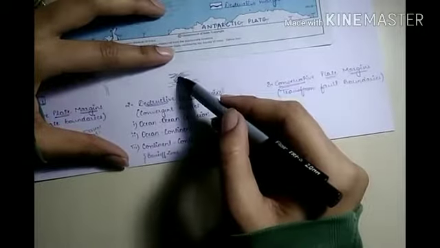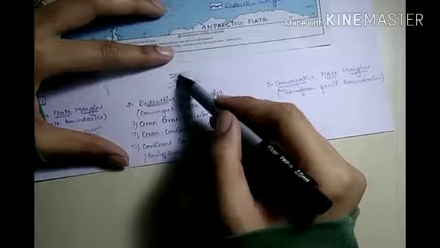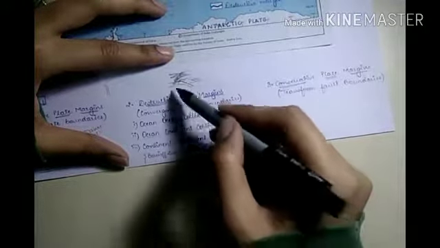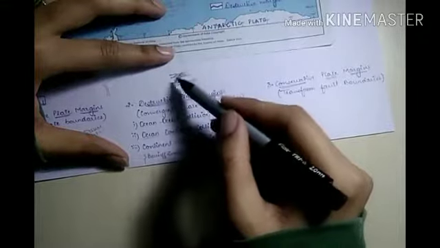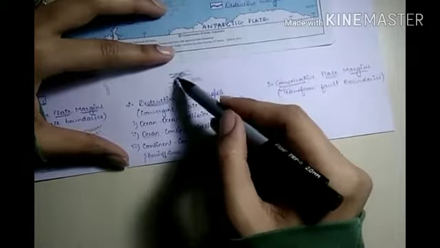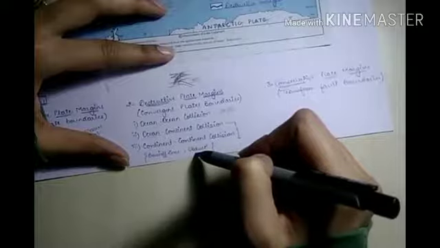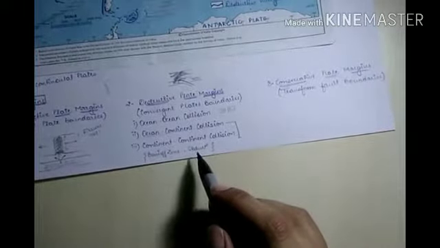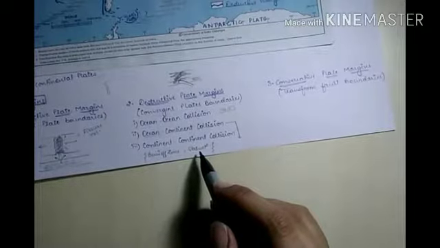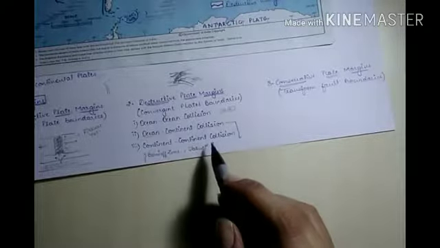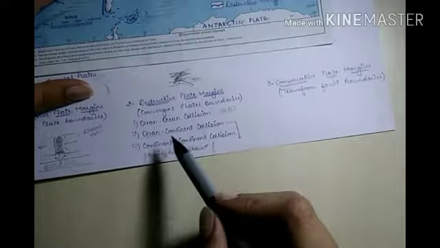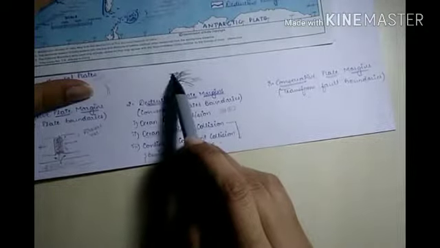So this subducting zone, from where this plate is subducting, is also known as Benioff zone. Okay, and the opposite of subduction is obduction. Okay, so in this what happens is there is thrusting up of the plate.